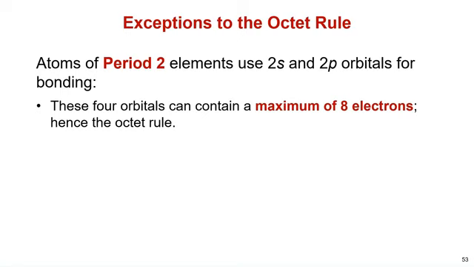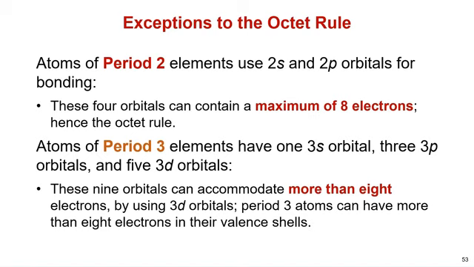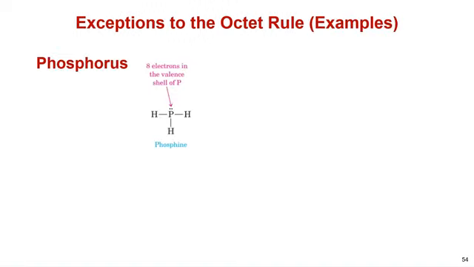The octet rule is based on the idea of a maximum of 8 electrons. Period 3 elements, starting from sodium, magnesium, aluminum, silicon, phosphorus, sulfur. Period 3, 4, 5, 6, 7 have d orbitals. Therefore, you can have more than 8 electrons. So you have to accommodate for that d electron. This is phosphine. Just like ammonia, this has an octet, that's not an exception.